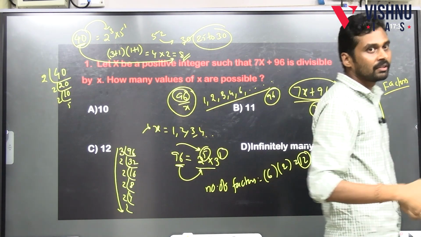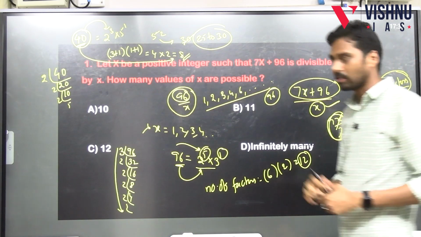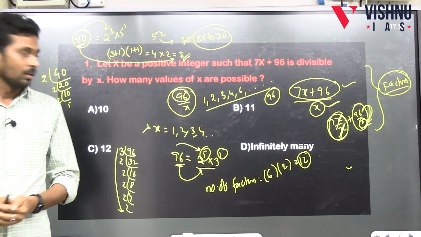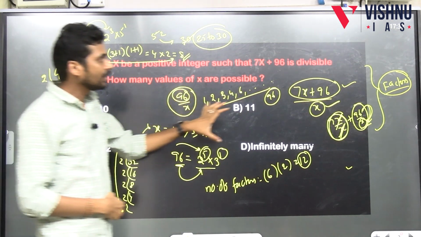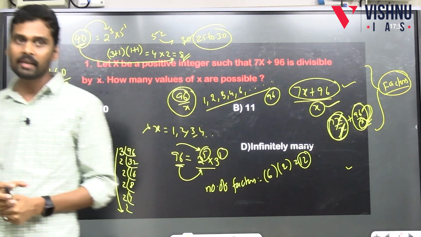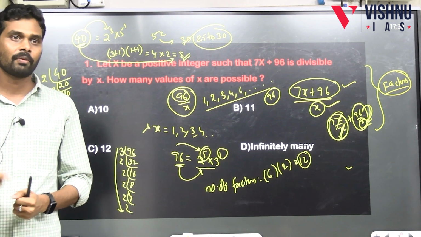When we are discussing the concept of number system, we'll deal with factors, because this is a very important concept. So you need to understand the concept of factors in number system. Every concept in the number system is important.